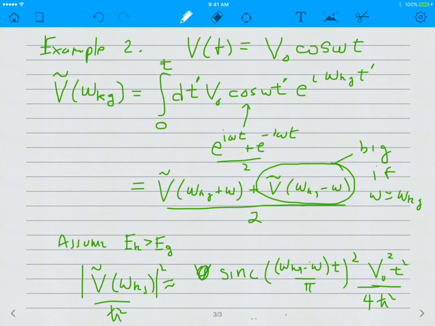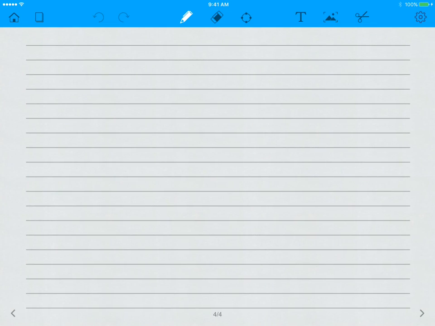Okay, so once again we get our sinc function, but now it's peaked at omega kg.